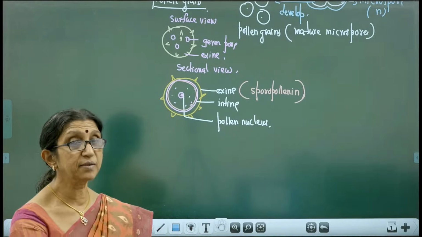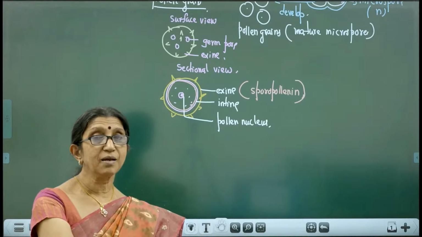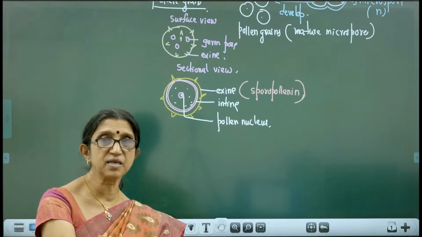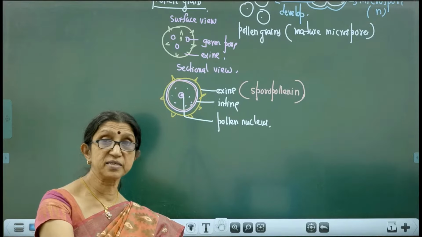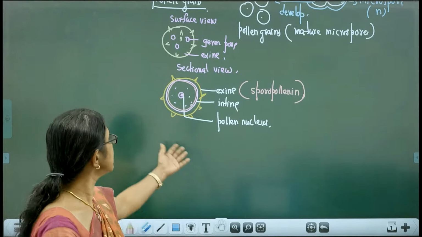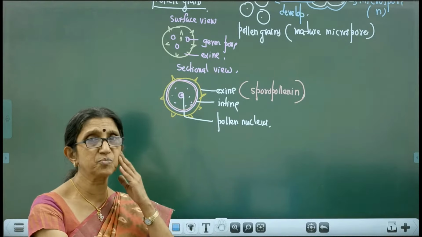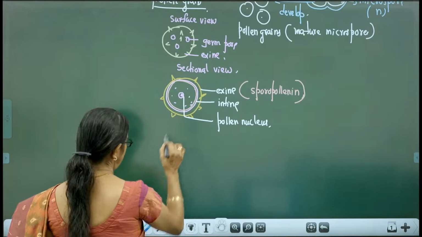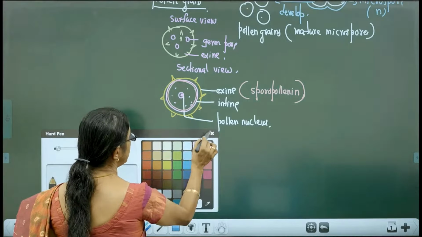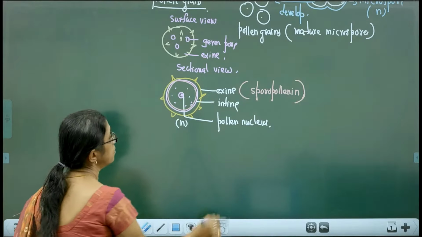When the pollen grains mature, the anther dehisces and releases the pollen grains. Before anther dehiscence, we can see some more changes taking place in the pollen grain. What's the ploidy of the pollen grain? Of course, it is haploid, because this is a mature microspore.